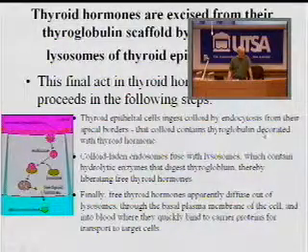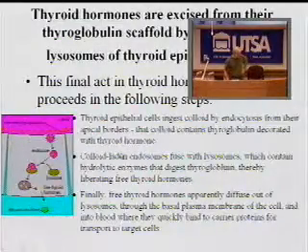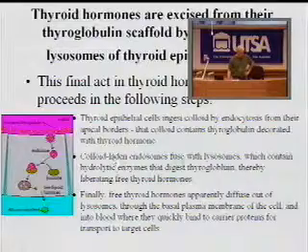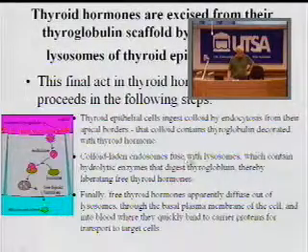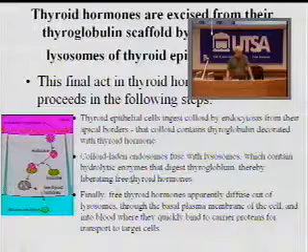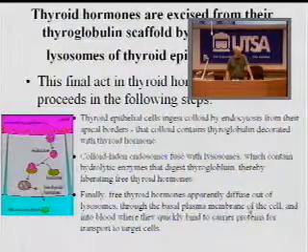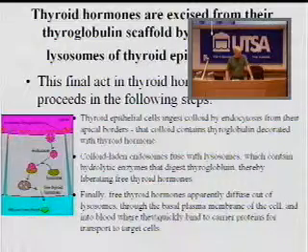That colloid contains the thyroglobulin with the thyroid hormone, the iodination sites. The endosomes that have that colloid fuse with the primary lysosomes containing the hydrolytic enzymes, digest it further, liberating the free thyroid hormones, which diffuse out of the lysosomes through the plasma, basal plasma membrane, interstitial space, and into the blood.